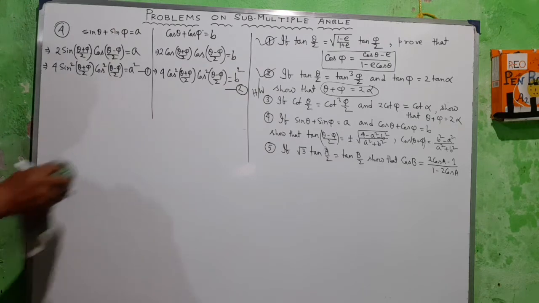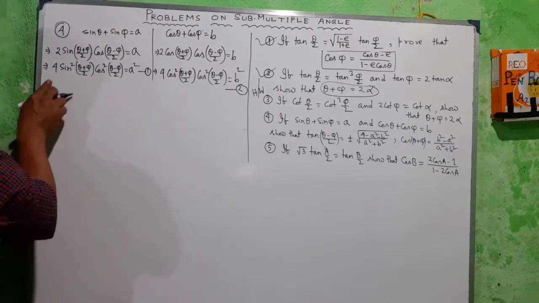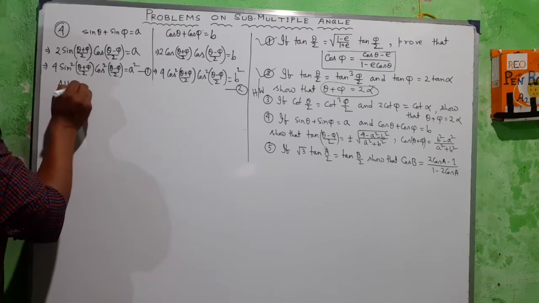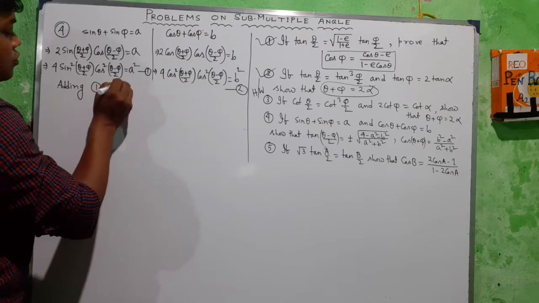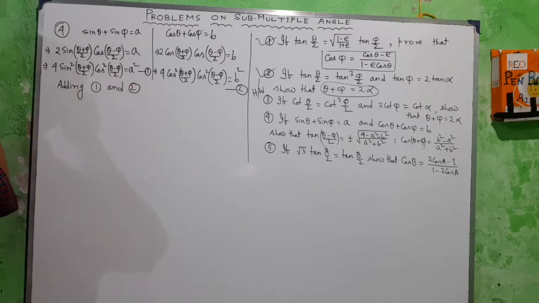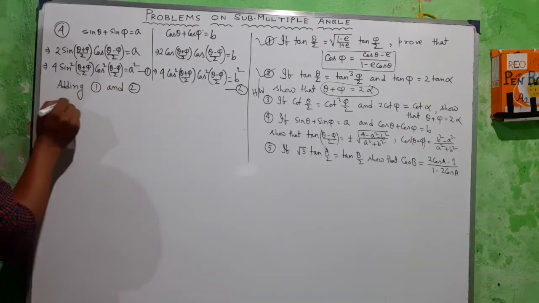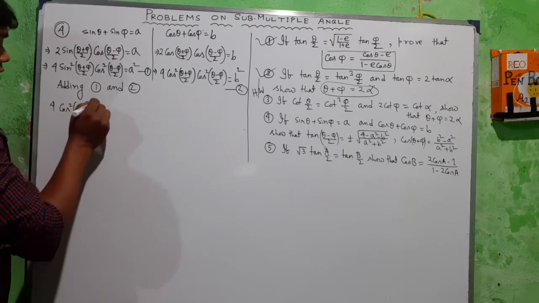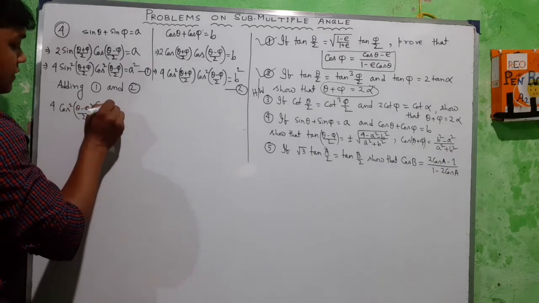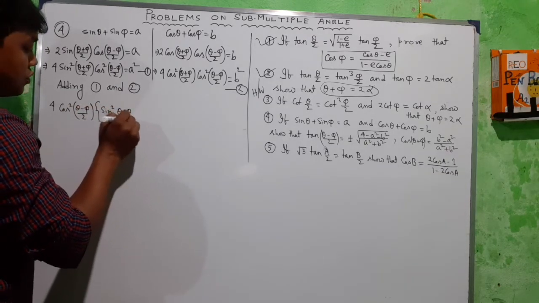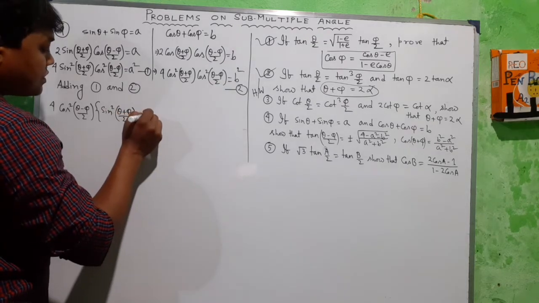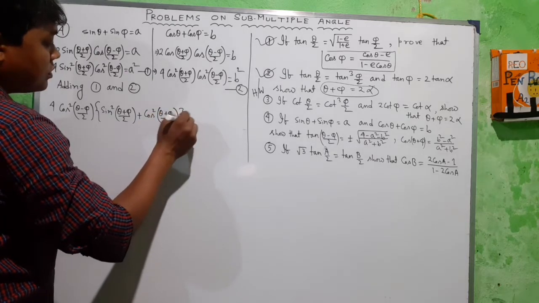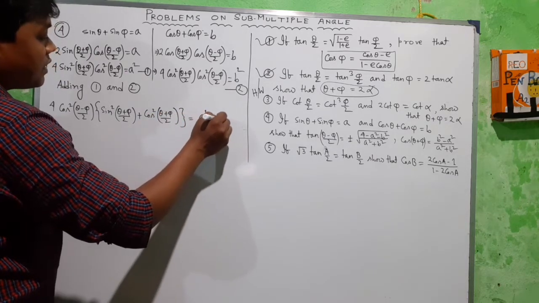So now adding 1 and 2, what are we getting? Okay, adding equation 1 and 2, we get 4 into cos square of (theta minus phi) by 2 into [sin square of (theta plus phi) by 2 plus cos square of (theta plus phi) by 2] equals A square plus B square.